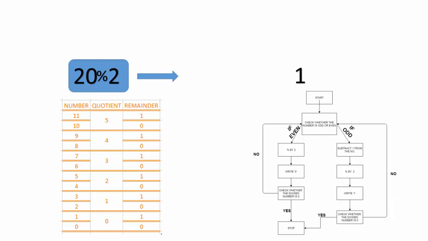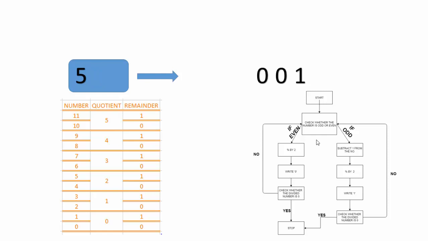Now 20, as it is even, we'll divide it by 2. That is 10. We'll write down 0, and as 10 is not equal to 0, we'll continue this process by checking whether it's even or odd. We'll divide by 2. We yield 5. We again write down 0, and the process continues.